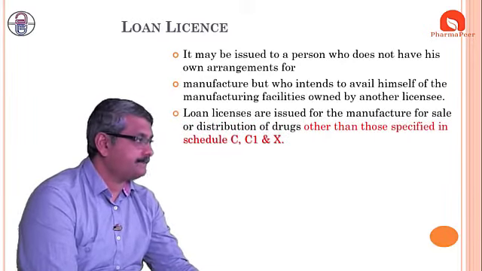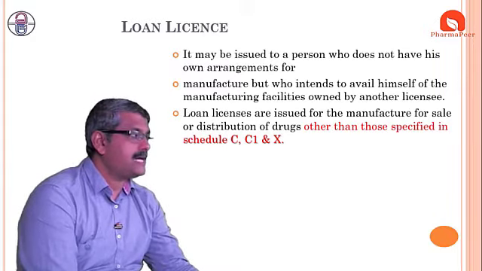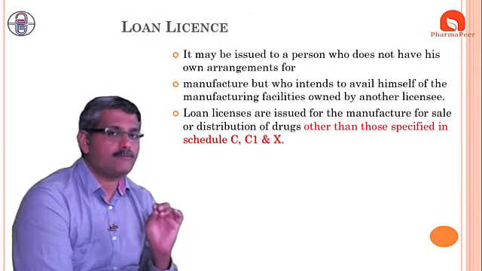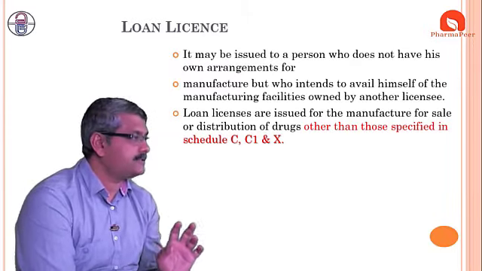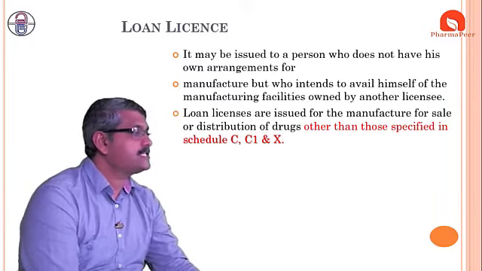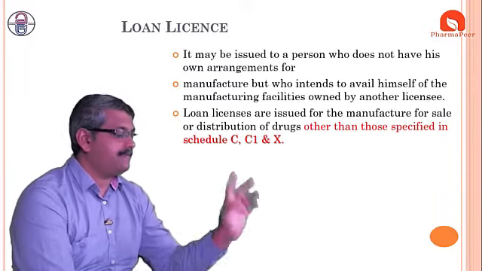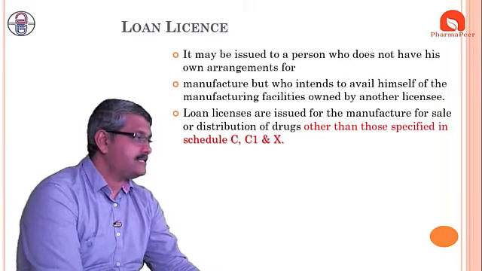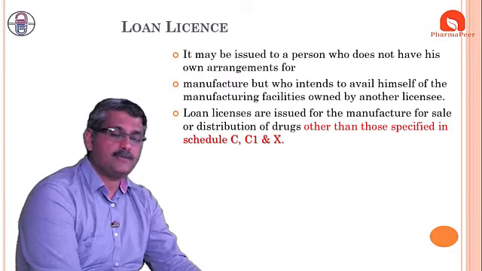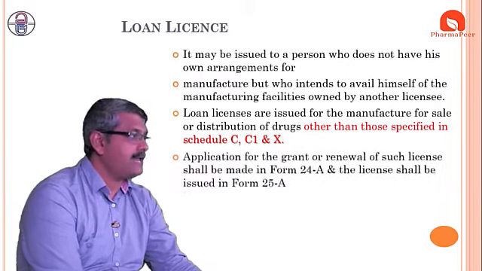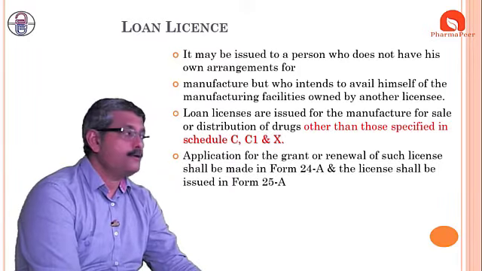He can manufacture it. Loan licenses are issued for the manufacturing or the sale or distribution of drugs other than those specified in Schedule C and C1 or X. This is a specific condition. Drugs other than Schedule C and C1 and X can be manufactured under a loan license.